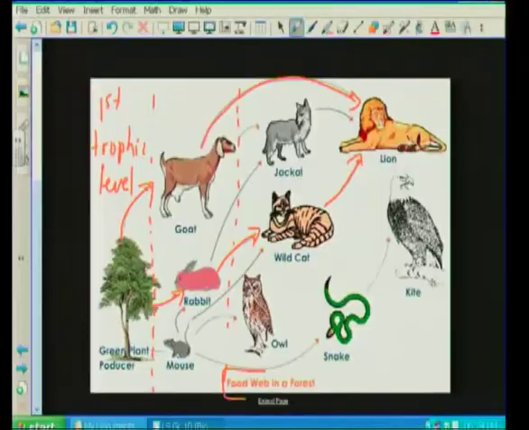A food web is an interlinking of different food chains together. So it's not just one single food chain. So what is a food web? It's the linking together, or the interlinking, of many food chains together.